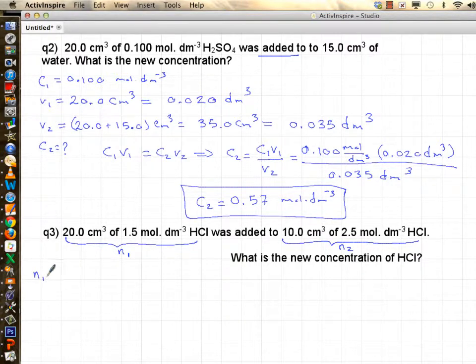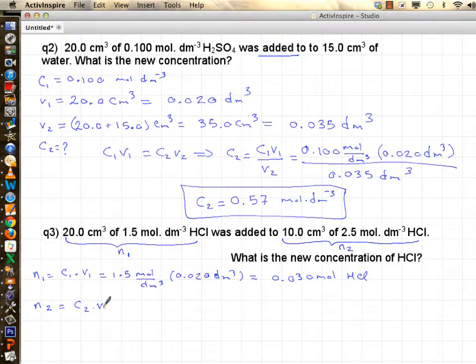So N1 is simply C1 times V1, which is 1.5 mole per decimeter cube, multiplied by 0.02 decimeter cube. When you do this, you will get 0.030 moles of HCl. If you look at the second solution before addition to the first ones, N2 is C2 times V2.